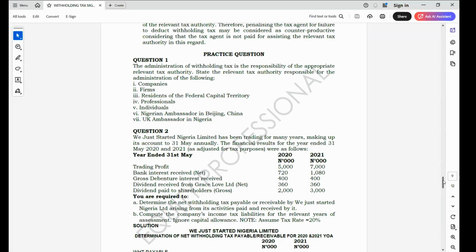Note, we are told to assume the tax rate to be equal to 20%. So in order to solve this, you first determine the net withholding tax payable or receivable by We Just Started Nigeria Limited, arising from the activity paid or received by it.